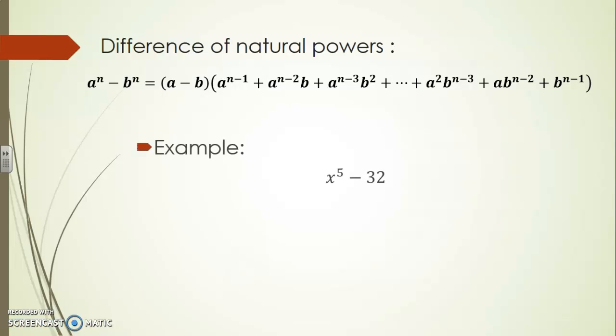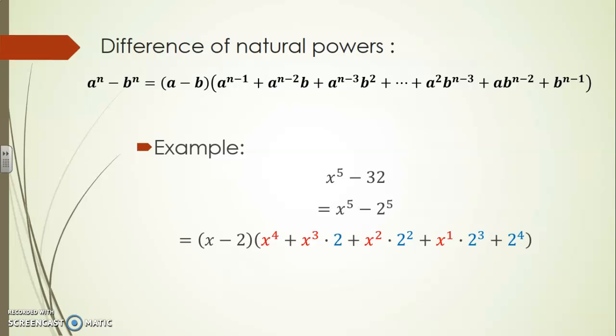For example, x to the 5 minus 32 is the difference of x to the 5 minus 2 to the 5. So this is clearly the difference of two natural powers. X and 2 both have 5 as their common exponent. Therefore, we would expect x minus 2 to be a factor.